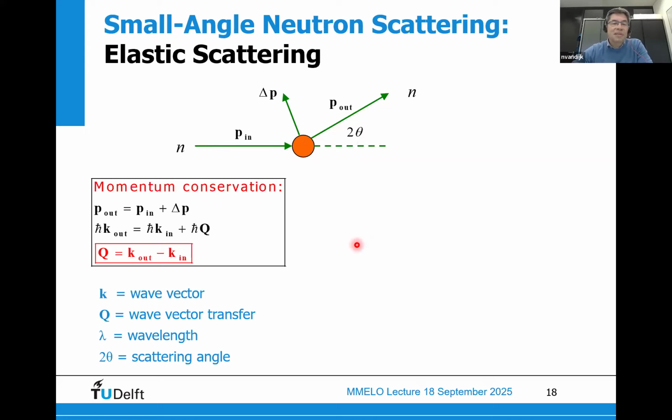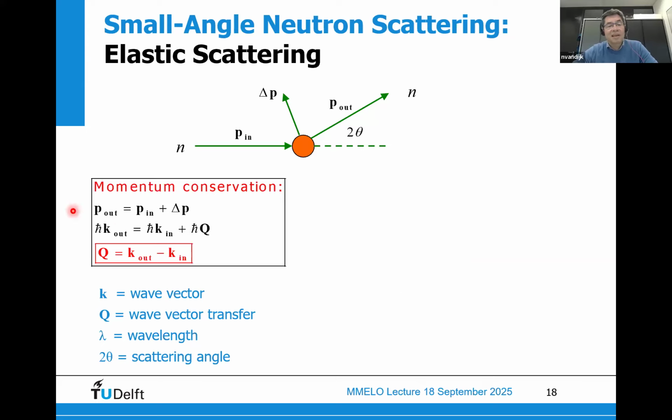Now, we can use momentum and energy conservation. This is an elastic scattering process, so there is no energy transfer. That means the energy of the neutron that comes in is the same as the energy that goes out. For the momentum, we also have momentum conservation, but this is a vectorial process.